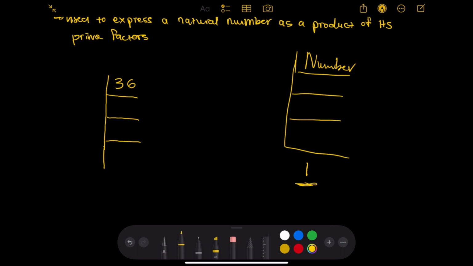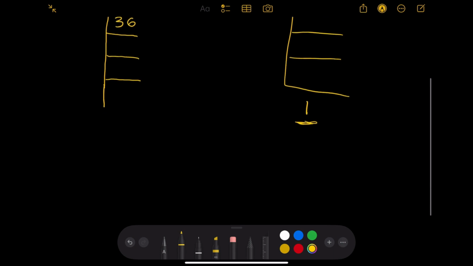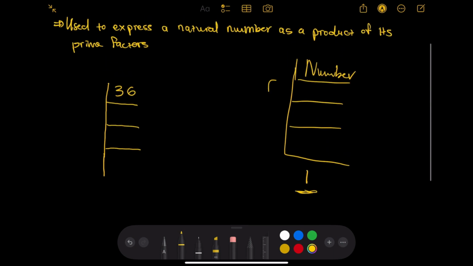And on my left hand side of this ladder there will be prime numbers here. Then whatever prime number I have here, this number must be divided by that smallest prime number.